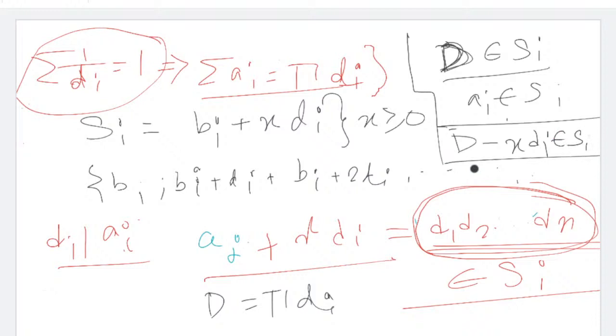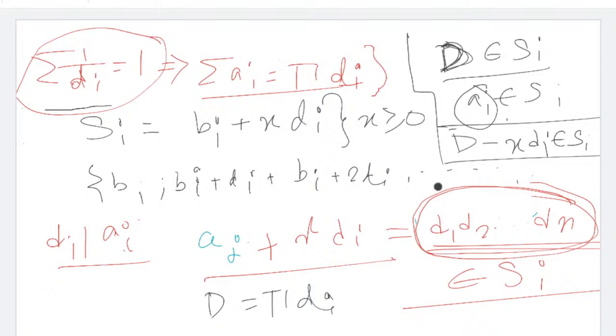Hence, since Ai is also zero mod Di, it must belong to Si. Right. So where did we use the density argument? Where did we use this 1 by d argument? The Di divides Ai. You use this, right? We didn't use it.